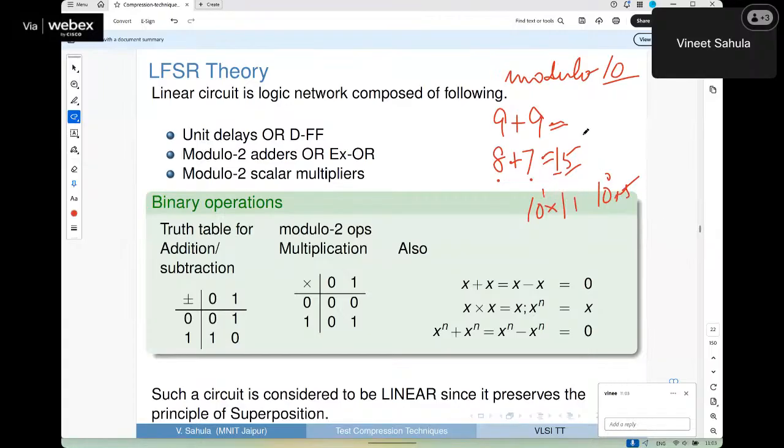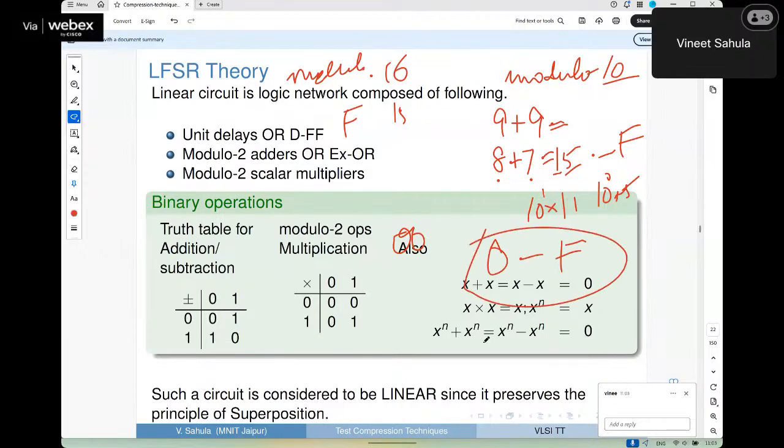It is modulo 10. If you have modulo 16, then you will have some method to represent 15, and this will be the last number. 0 to F is modulo 16. 0 to 9 is modulo 10. 0 to 1 is modulo 2. Is it okay? Shortest form.